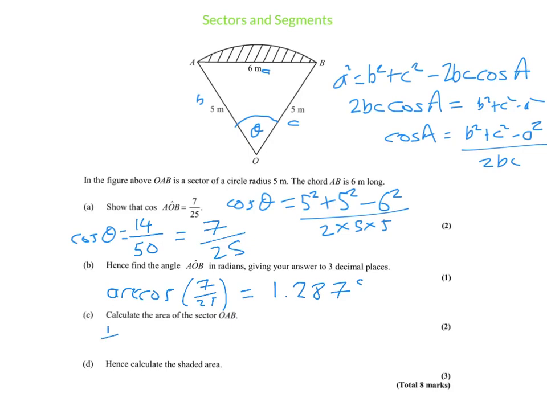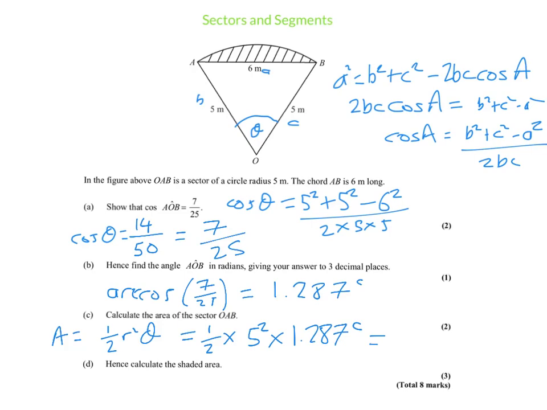Now we're going to find the area of the sector. So area of the sector, remember, is half r squared theta. So half times the radius squared, 5 squared, times theta, so times 1.287.